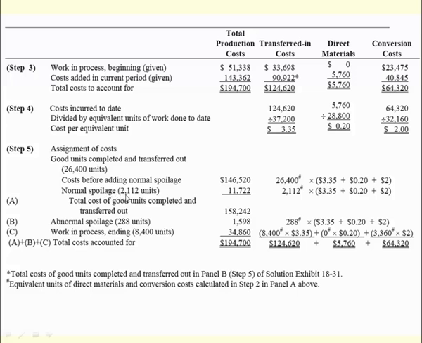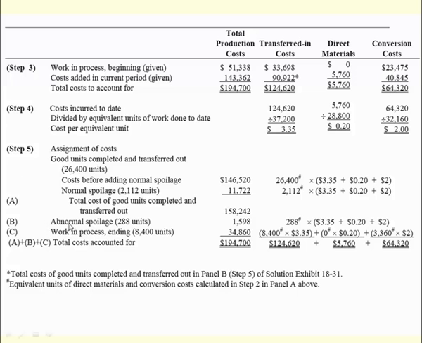Total number of normal spoilage units, 2,112 units, multiplied by summation of all costs, 3.35 plus 0.2 plus $2, which equals 11,722. Now we can reach total costs of good units completed and transferred out, which equals 158,242.